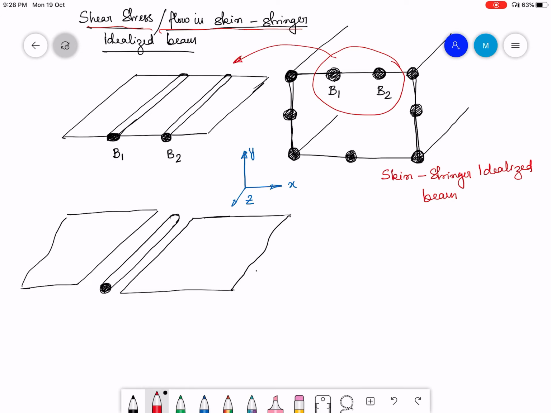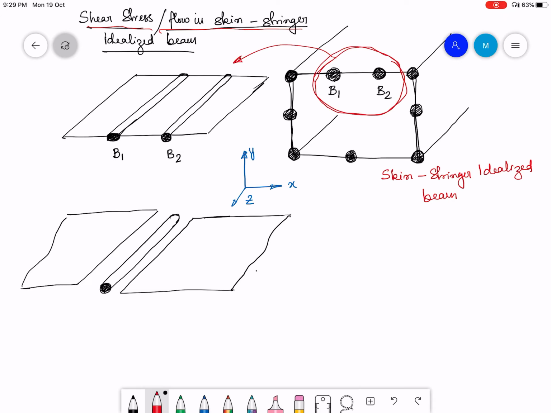So in this lecture we will talk about how to find out the shear stress, or to say the shear flow in the skin due to applied shear forces, Sy and Sx. Now what I have done is that I have highlighted a portion of the skin stringer idealized beam, and I have drawn the enlarged view.